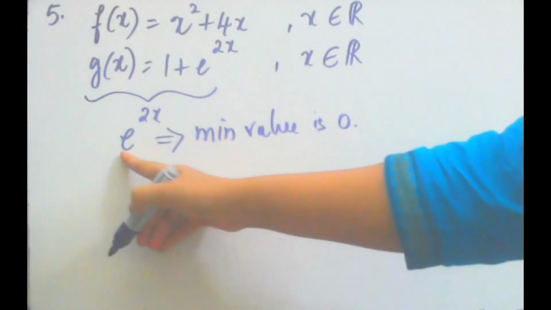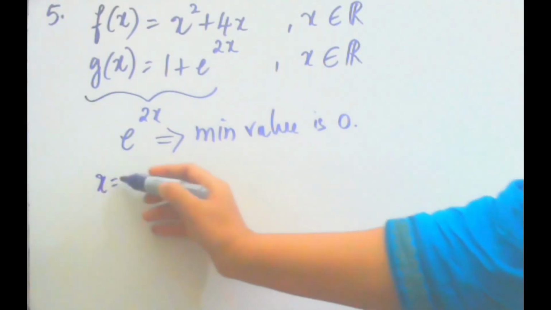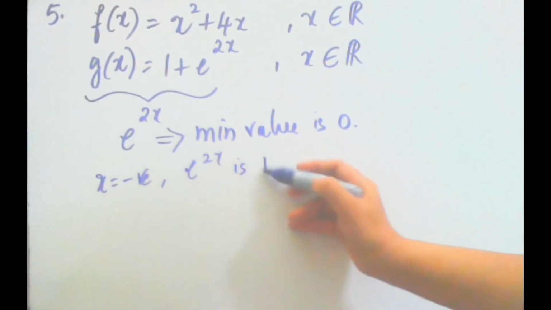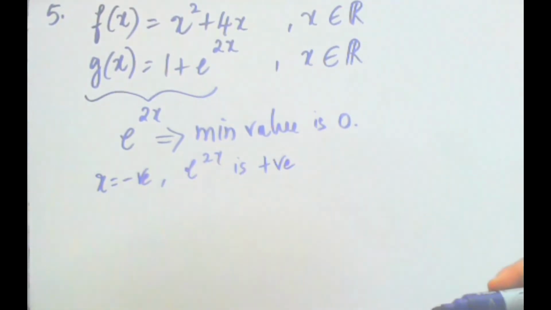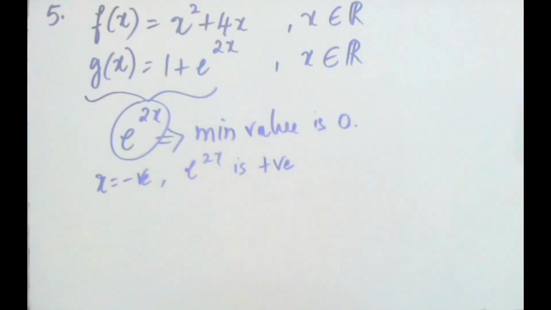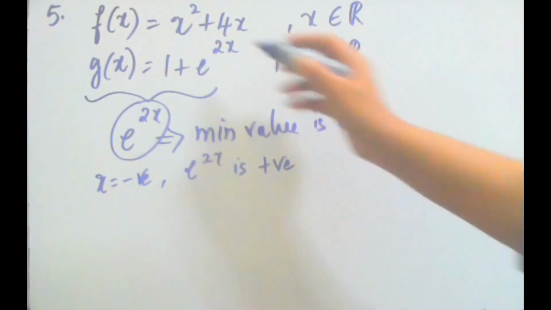It can't go negative. Even if x is negative, e power 2x is going to be a positive value. So e power 2x can never become less than 0.